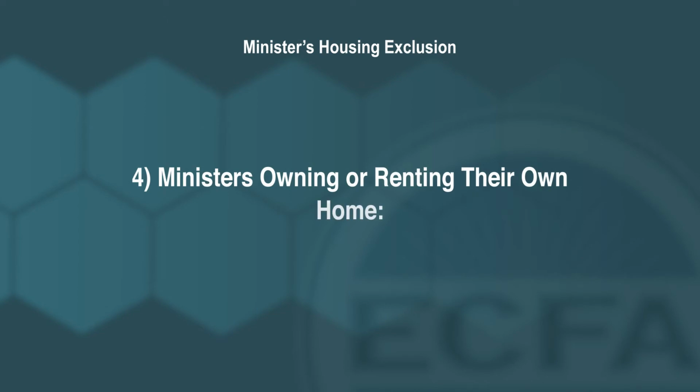Number 4, ministers owning or renting their own home. If a minister owns or rents a home, the minister may exclude for income tax purposes a cash housing allowance that is not more than reasonable pay for services and is the lowest of the amount used to provide a home from current ministerial income, the amount prospectively and officially designated, or the fair rental value of the furnished home plus utilities.